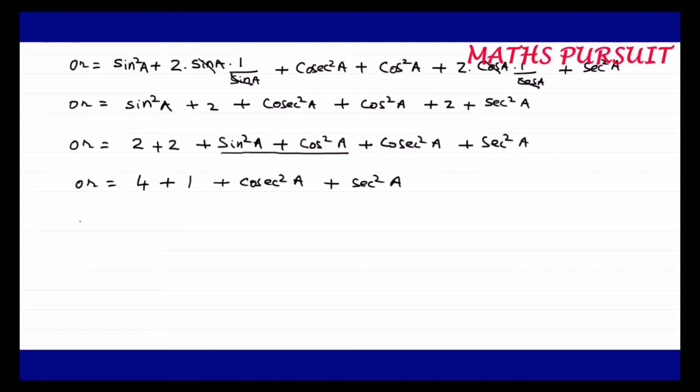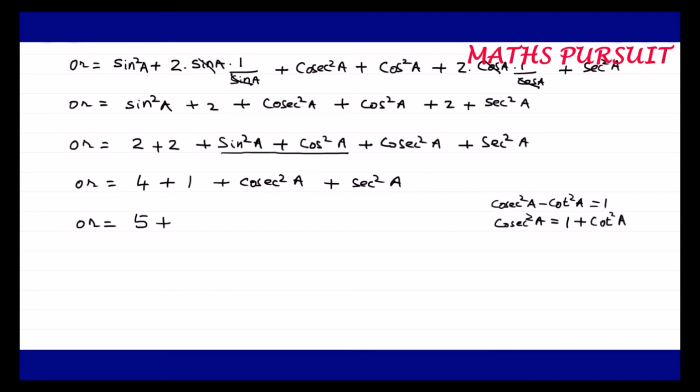Now in this step, I am going to write 4 plus 1 is 5 plus, guys, we very well know that cosec square a minus cot square a is equal to 1, or I can write cosec square a minus 1 is equal to cot square a, or the other way I can write cosec square a is equal to 1 plus cot square a.